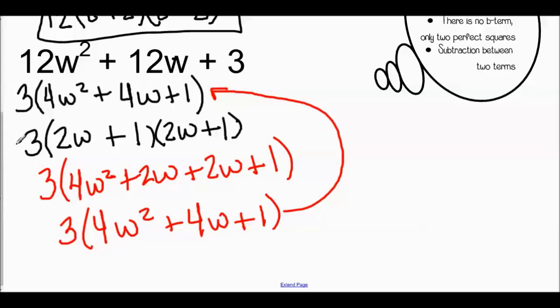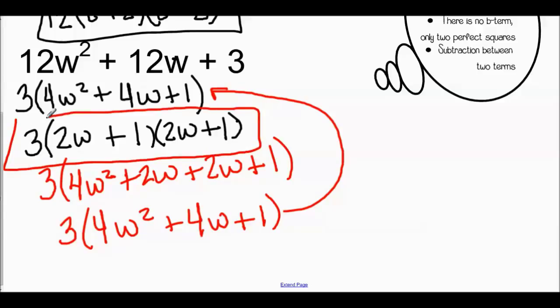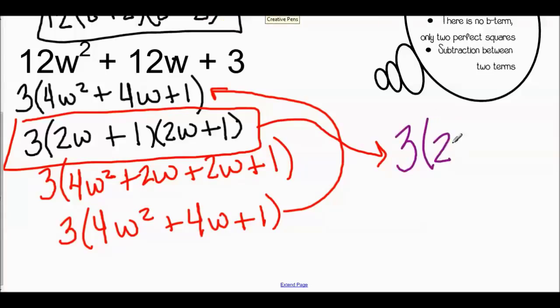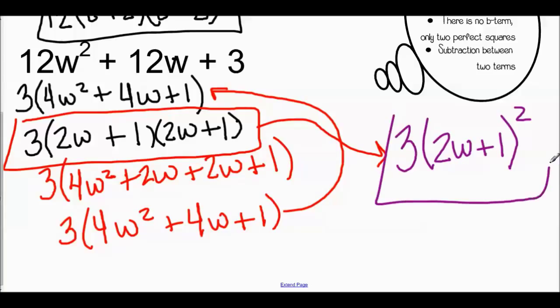So I do have the correct factored version right here of 3 times 2w plus 1, 2w plus 1, and I can actually simplify that to show the exponent, and it would be 3 times 2w plus 1 squared because I have the same binomial being multiplied by itself. So that would be a perfect square trinomial shown there. 3 times the quantity 2w plus 1 squared.